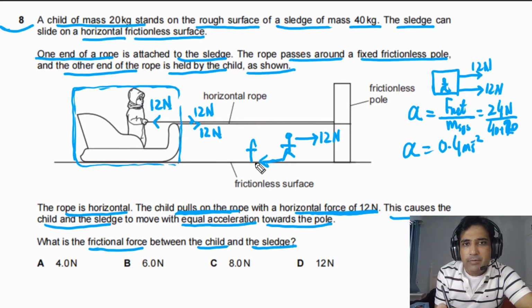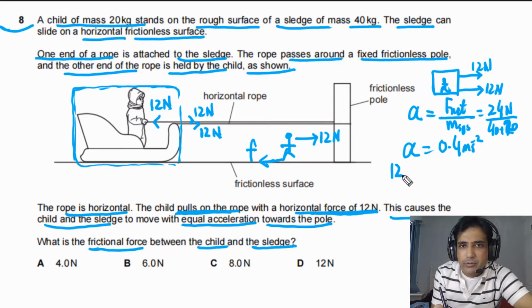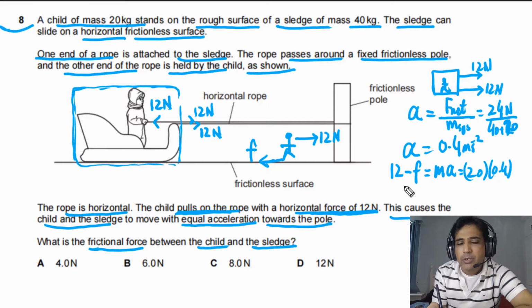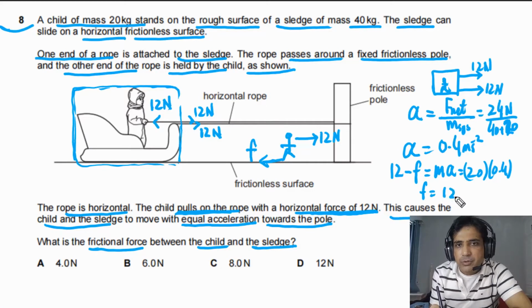Now we have the acceleration of the boy and the force acting on the boy, so we can find the frictional force. The net force we can write will be equal to 12 minus F. This has to be equal to the mass of the child times acceleration. The mass of the child is 20 kilograms and the acceleration is 0.4, so F will be equal to 12 minus 20 times 0.4.